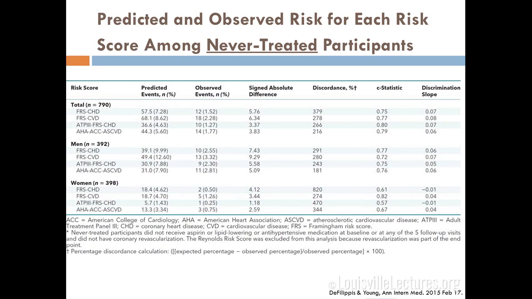So we eliminated everyone that ever touched any sort of therapy that could be considered cardiovascular disease prevention in the cohort. We included aspirin and any cholesterol-lowering medicine, blood pressure medication, any revascularization procedure. If you went in and had a stent placed or something, because that potentially could lower your risk of having a future event. When we removed all those patients, risk overestimation remains high.